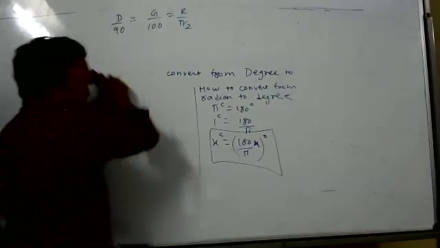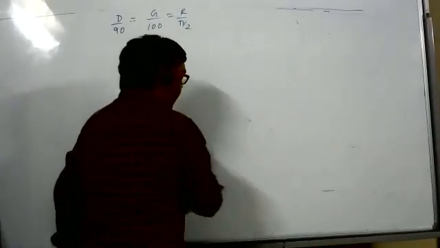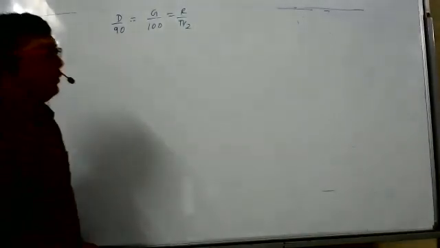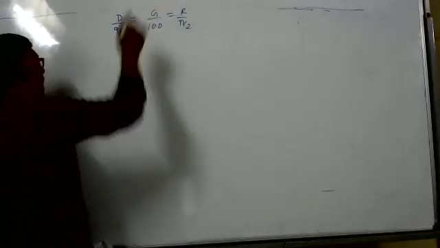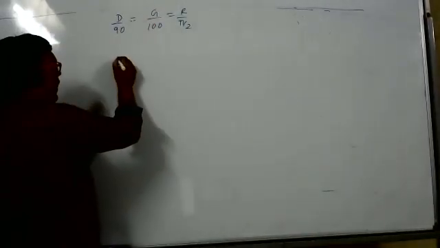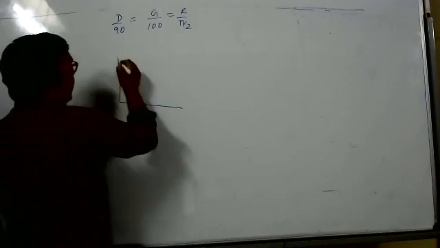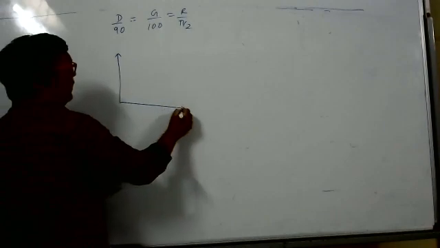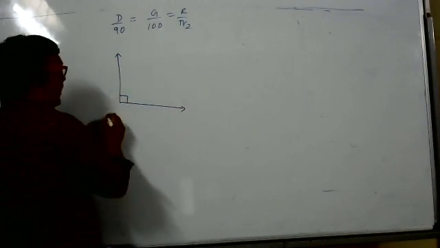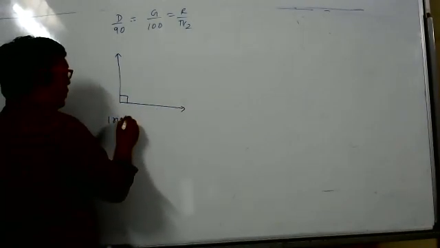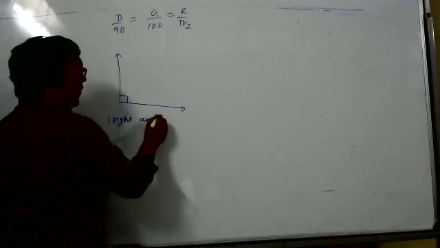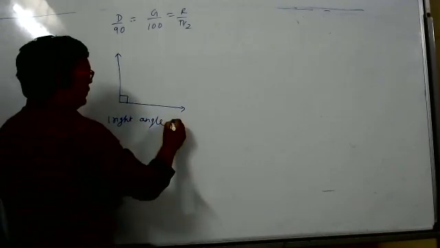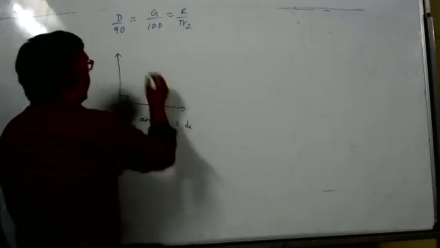Suppose you want to convert. I have taught grade before, so it is not like I have not taught. Now in grade, one right angle in the grade system or centesimal system is divided into how many parts? People give answer.